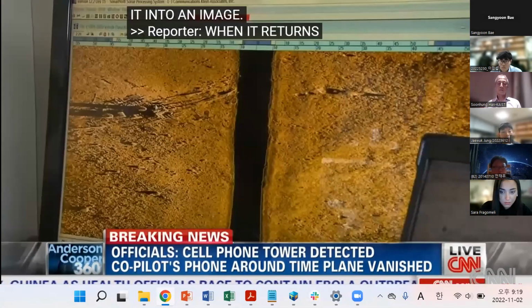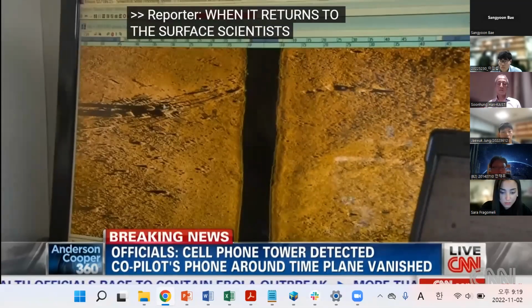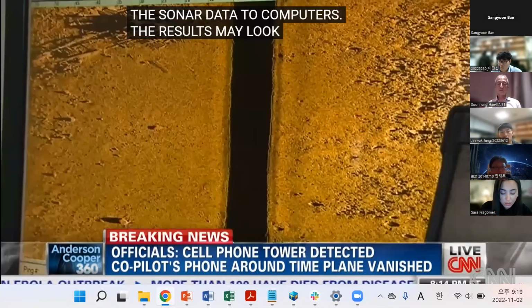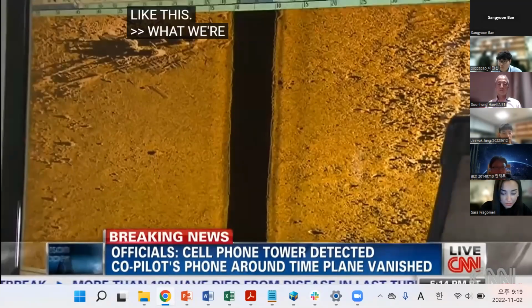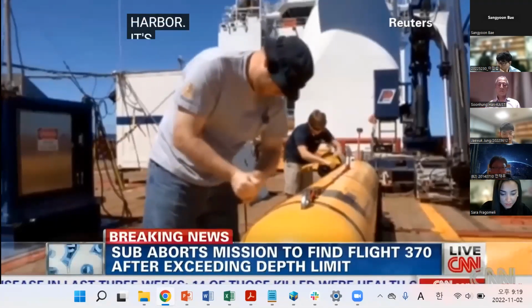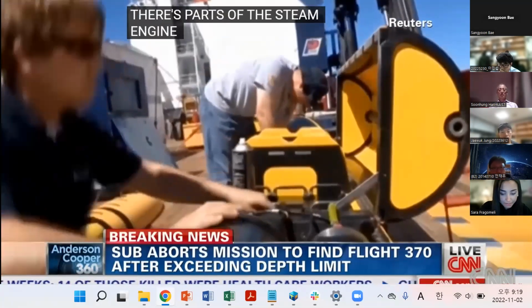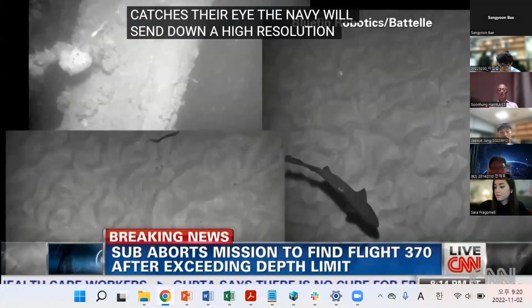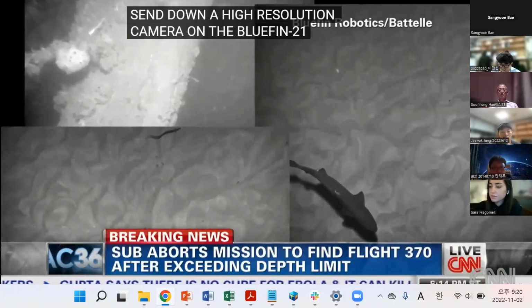The results may look something like this. And what we're looking at here, for example, this is a shipwreck in Boston Harbor, so you can see how it's different than the area around it. You can see there's parts of the steam engine right there. And if something catches their eye, the Navy will send down a high-resolution camera on the Bluefin 21. It can take black and white photos covering about 15 square miles a day.